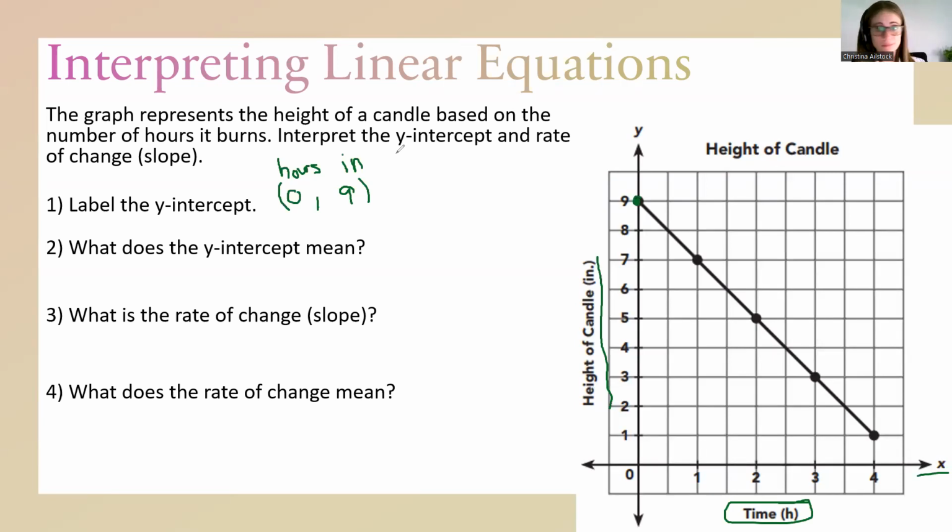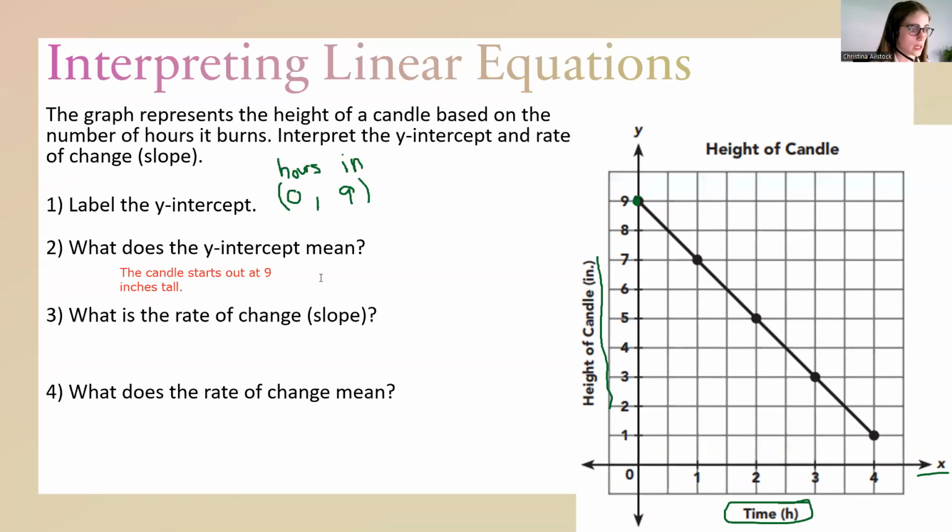Well, it means when I purchased this candle before I even burned it at all, because of course, if you burn a candle, the wax decreases. So it makes sense that we have a decreasing line here. This candle is going to get shorter and shorter. It's going to shrink. We have a height of 9 inches. So a couple ways you could say that is, the candle starts out at 9 inches tall.